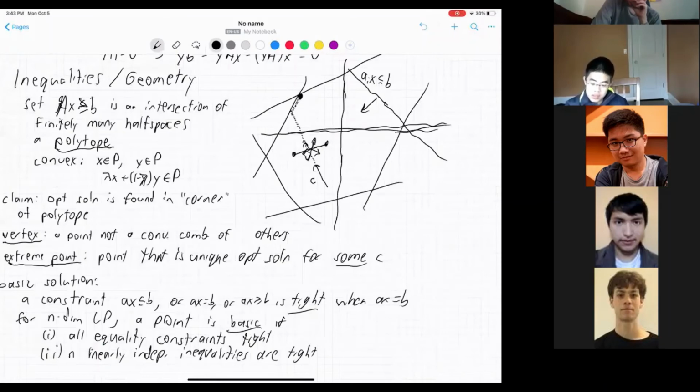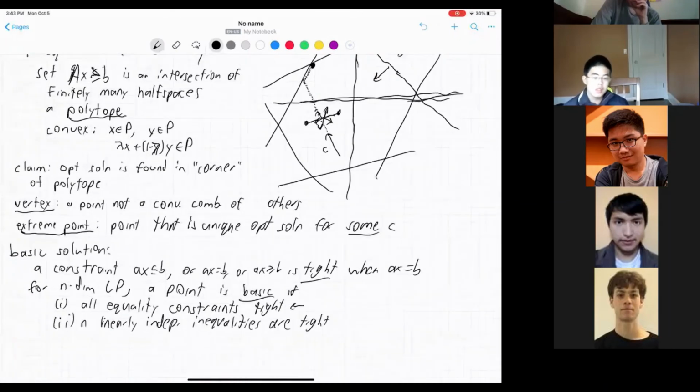If we're only looking at ax greater than or equal to b, we won't have any equality constraints, but this definition holds. Oh, I see what your question is. You're right. Here's what I wrote incorrectly. It's not inequalities that have to be tight. It's n linearly independent constraints that need to be tight. I see, thanks. So yes, in other words, you have these n constraints that are tight and they have to include all of the equality constraints and however many other inequalities are needed in order to bring you up to n.